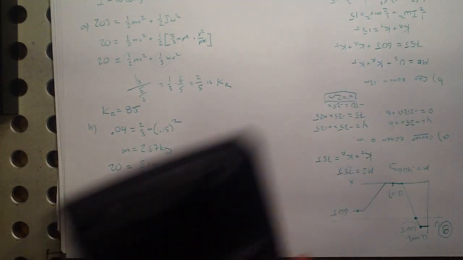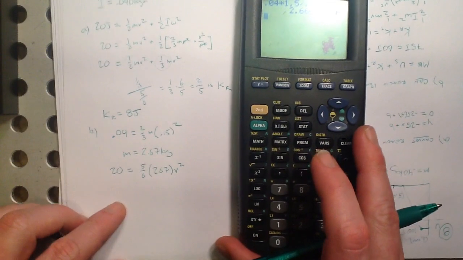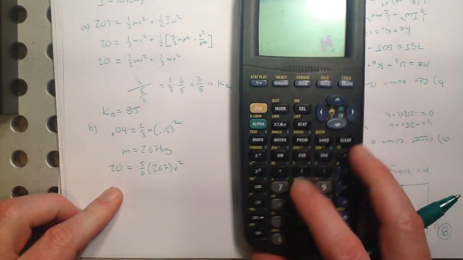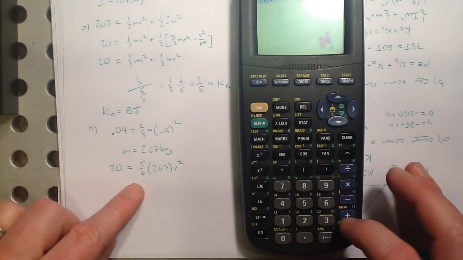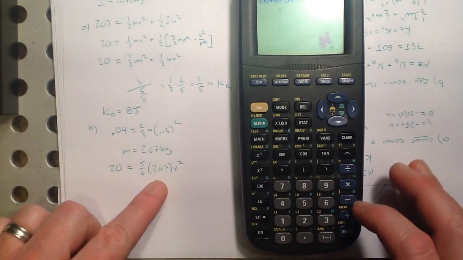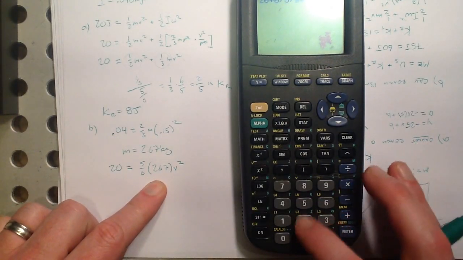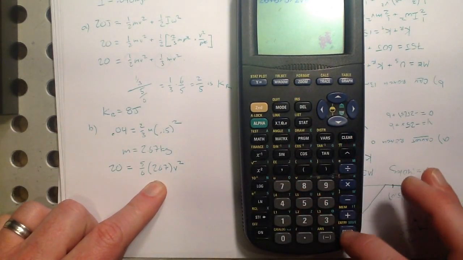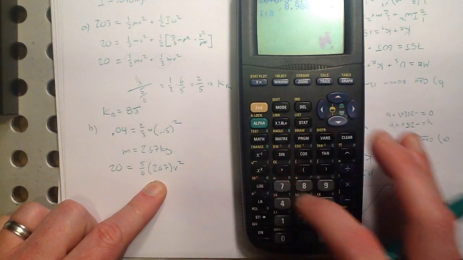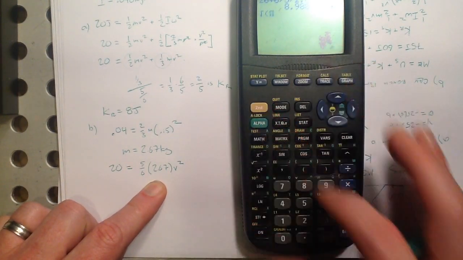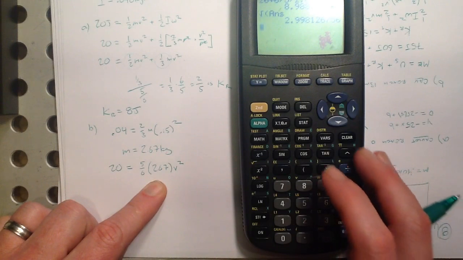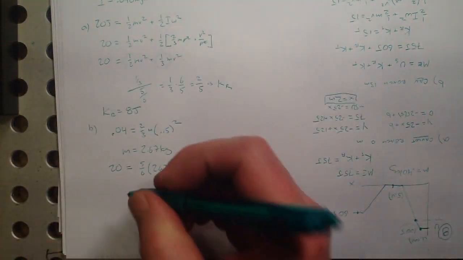And I can solve that for v. So moving that to the other side, I have 20 times 6/5 divided by 2.67, and I forgot to square root that, so I will now. And that's just about 3, it looks like.